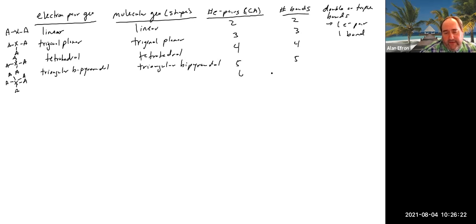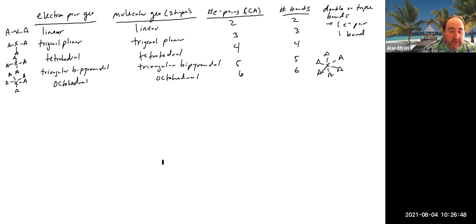The last expanded octet would be six and six. If we had something like what we just drew with SF6, six things around it, that's going to be octahedral, an octahedral arrangement.